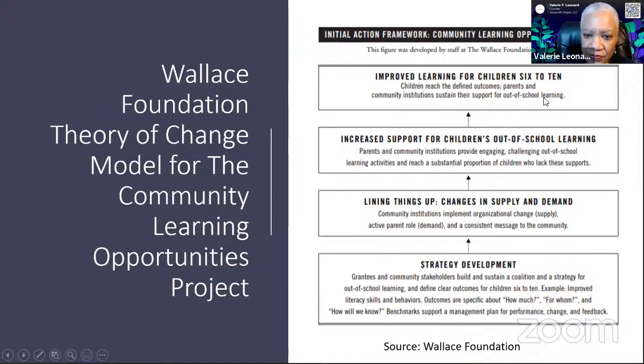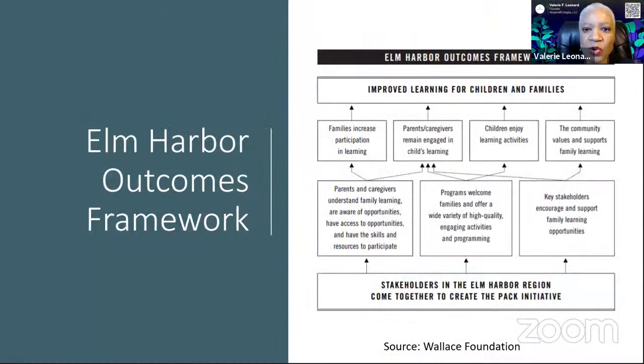All right. So here is an example of one of their grantees. That's the Elm Harbor organization, and this is the framework that they use. They adapted the Wallace Foundation's model, right? So again, we're starting at the base. Stakeholders in the Elm Harbor region come together to create the PAC initiative.